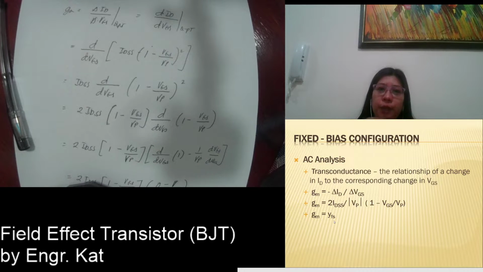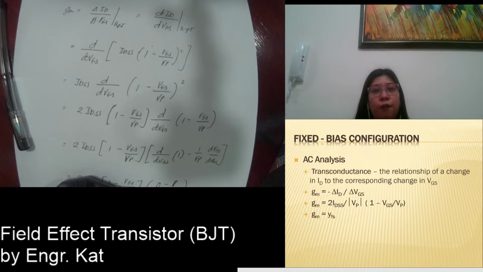F means you have a forward parameter, and S because your GM is connected at your source terminal. This is an admittance parameter because it is a reciprocal of resistance. Why? Because this is current over voltage, while resistance is equivalent to voltage divided by the current. That's why it is an admittance parameter.